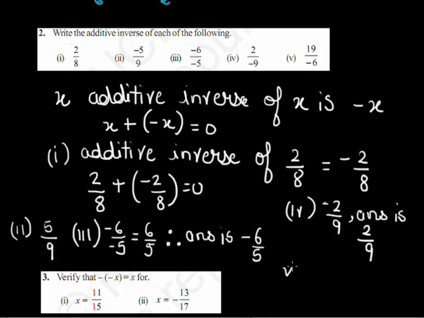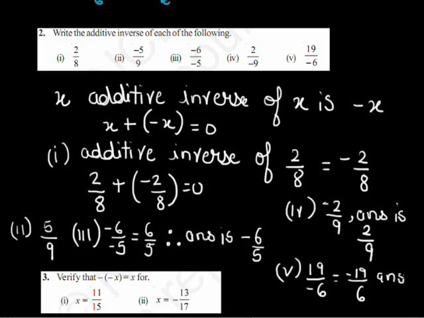Now the last part, the fifth part. I have to find the additive inverse of 19 upon minus 6. Again, I have to first convert 19 upon minus 6 into the standard form, that is minus 19 upon 6, because in the standard form the negative sign should be present in the numerator. Now I have to find the additive inverse of minus 19 upon 6.